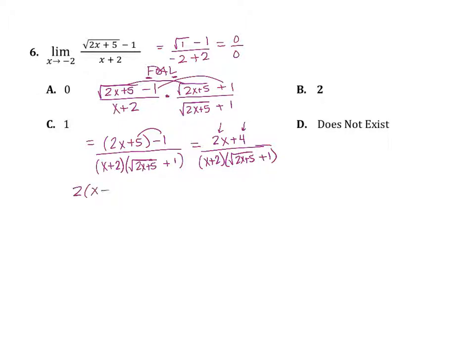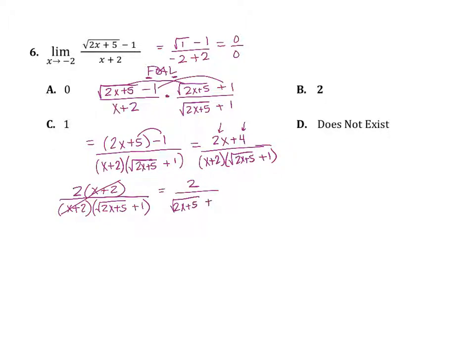And notice we have x plus 2 left over x plus 2 times the square root of 2x plus 5 plus 1. And now we can cancel those x plus 2's. And we're ready to go back and reevaluate our limit with this portion that's left.